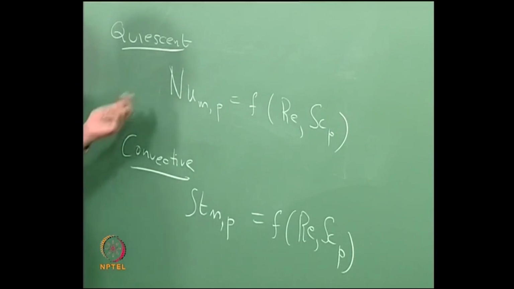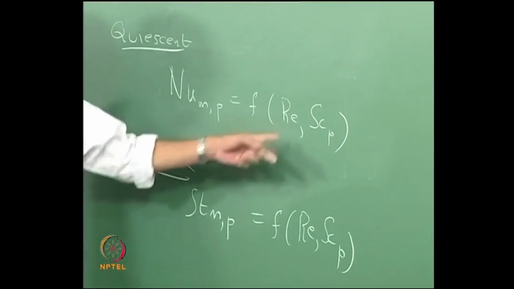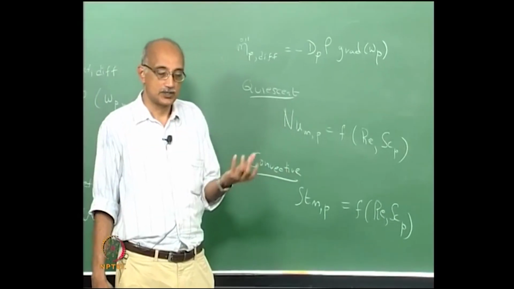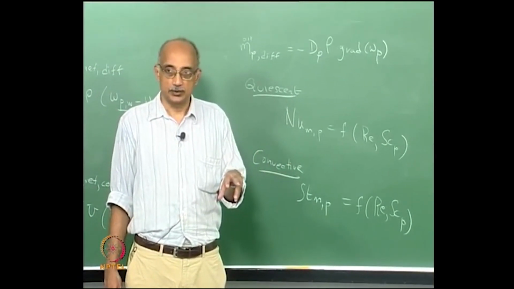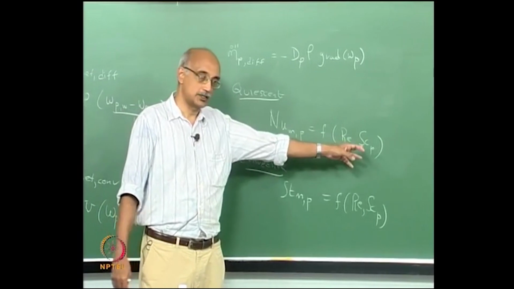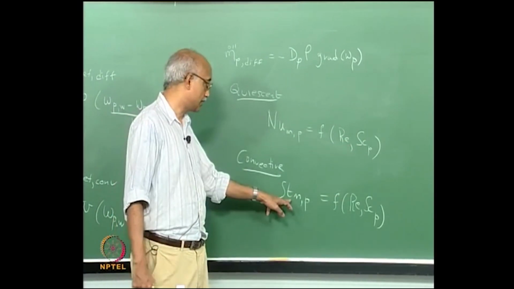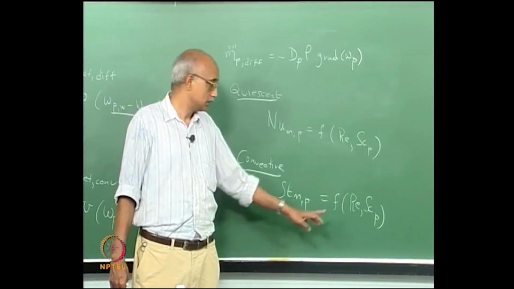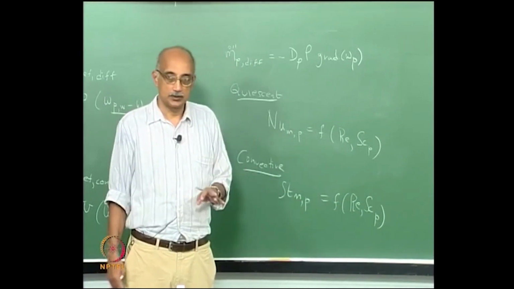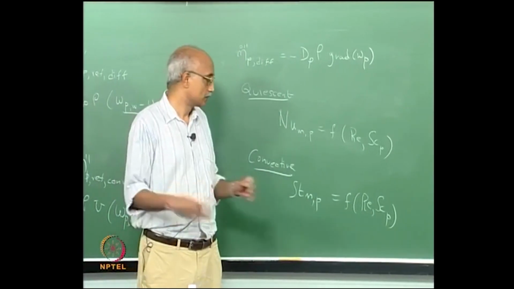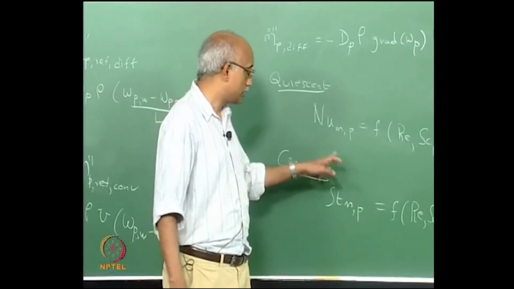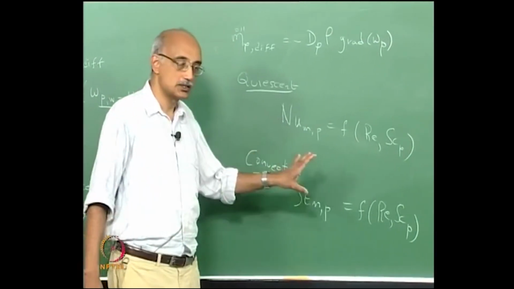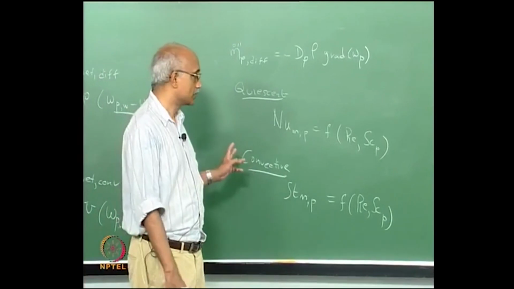In the case of quiescent flow, the Reynolds number effect, which is the convective effect, is going to be significantly lower compared to the diffusive effect that is represented by the Schmidt number, whereas in the case of convective flow, the Reynolds number effect is going to be significantly greater than the diffusional effect that is represented by the Schmidt number.